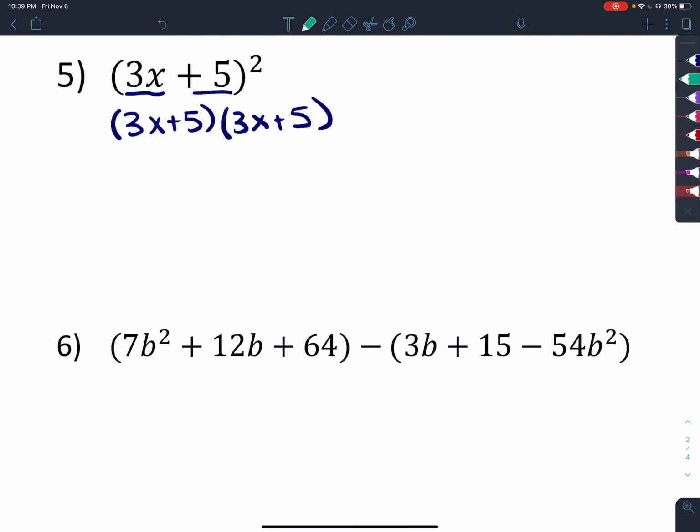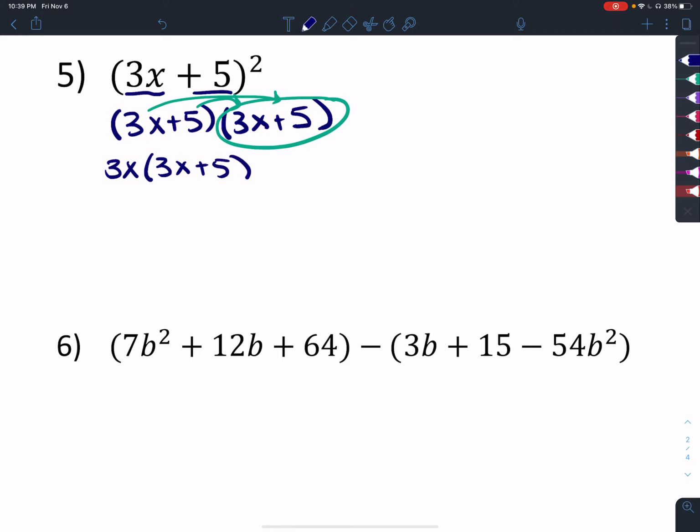So we're going to do 3x times this entire bracket, and then 5 times this entire bracket. So I'm going to expand that out. And now we've created 2 little level 1 multiplications that we distribute.